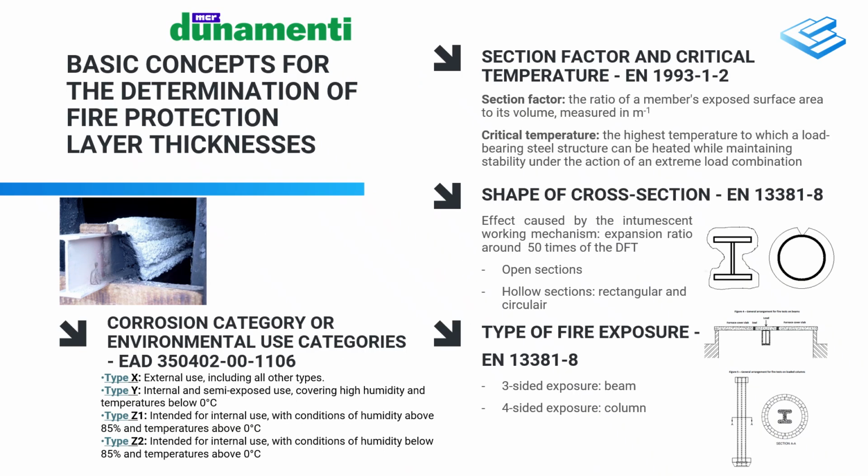Let's see the basic factors of fire protection of steel structures. These are based on the Eurocode's fire protection concept. This is section factor and critical temperature. The section factor indicates how well a steel member resists heating due to its geometry and massiveness.